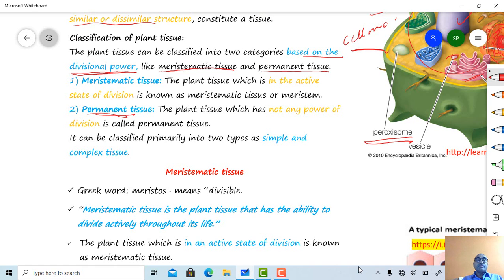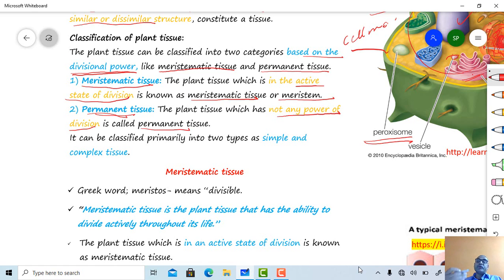Here, what are the meristematic tissues? The plant tissue which is in an active state of division is known as meristematic tissue, and these are usually considered as meristems. And what are permanent tissues? The plant tissue which has no power of division is called permanent tissue.